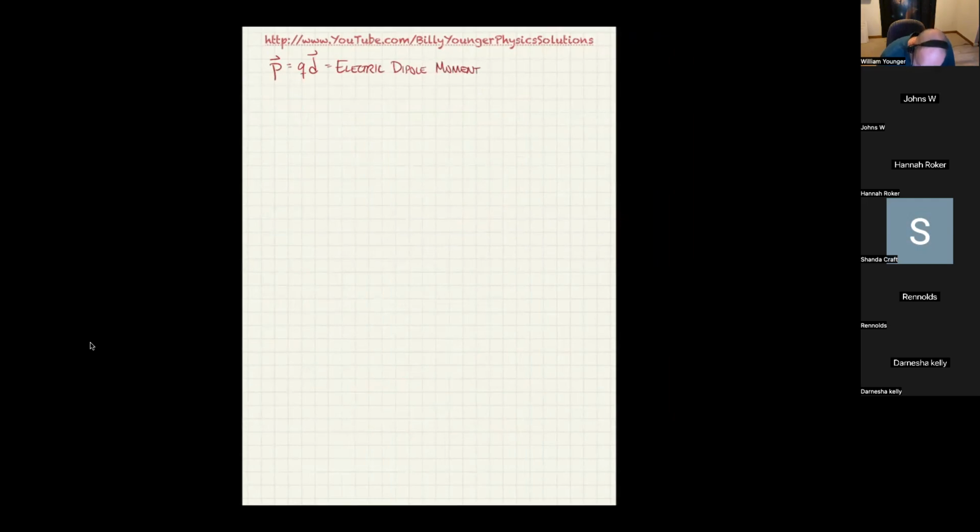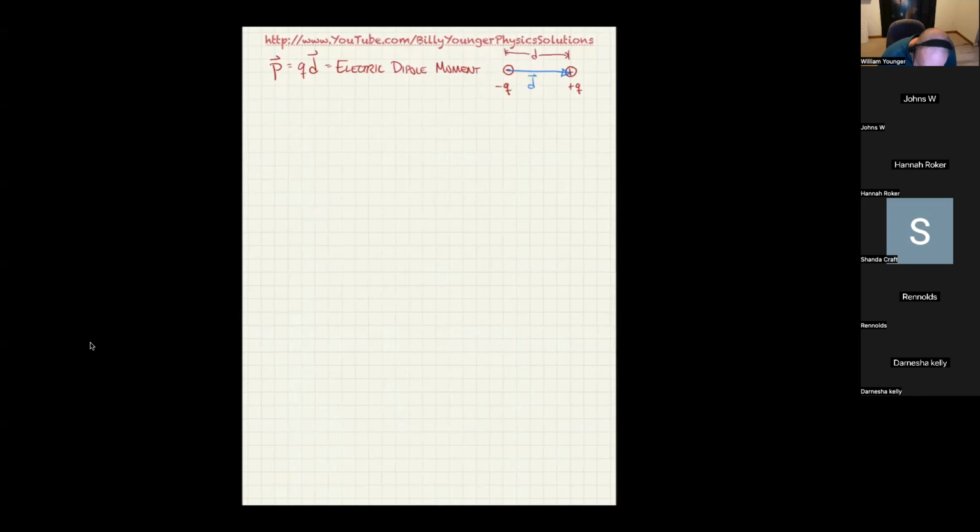And what we're talking about here is, imagine a little negative charge right here and a little positive charge right here. This one has a charge of negative Q, and this one has a charge of positive Q, and the distance between them is D. Then we can actually define the vector D vector as that guy.